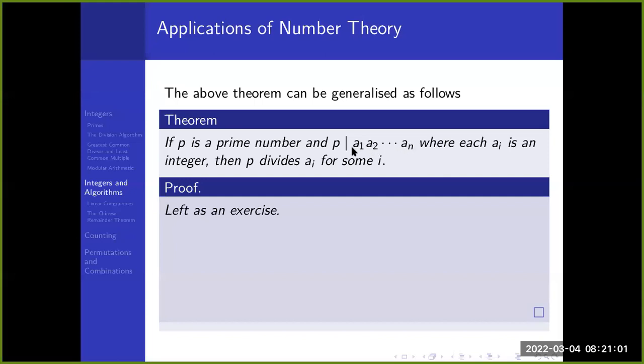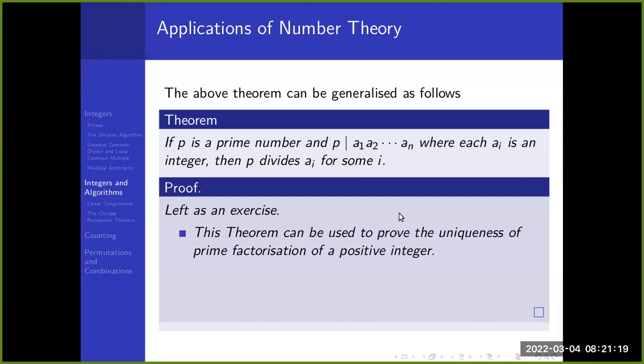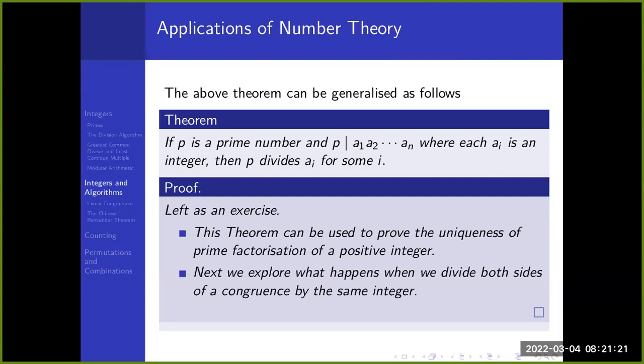So one of these integers must be a multiple of P. If none of them is a multiple of P, then P cannot divide the product of these integers. So the proof was left as an exercise. Hopefully you have had time to look up the proof.